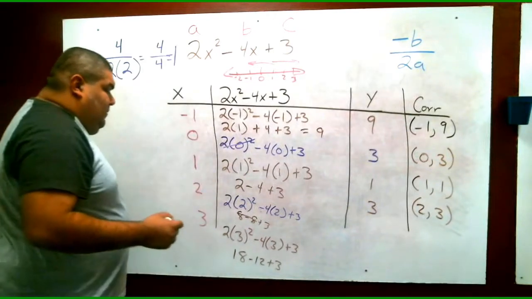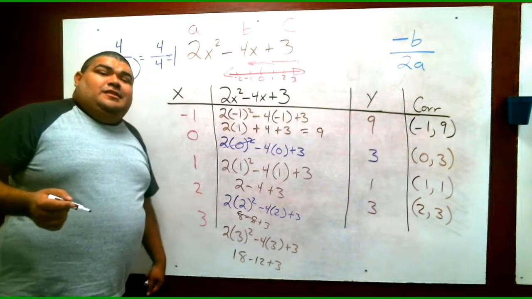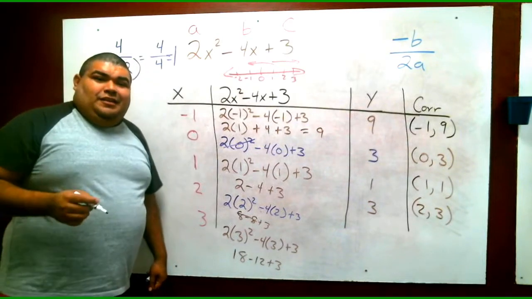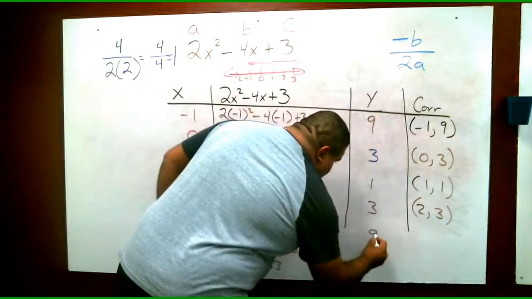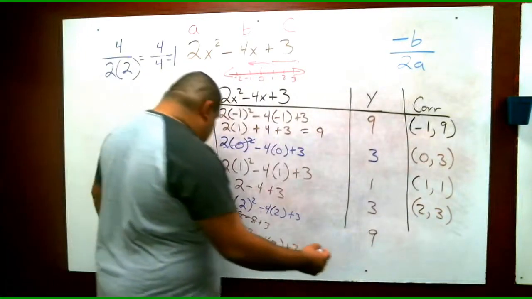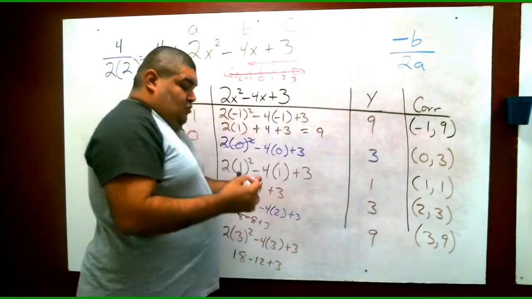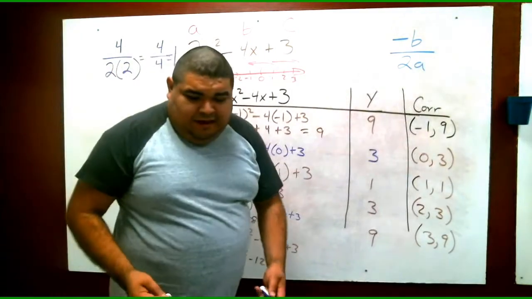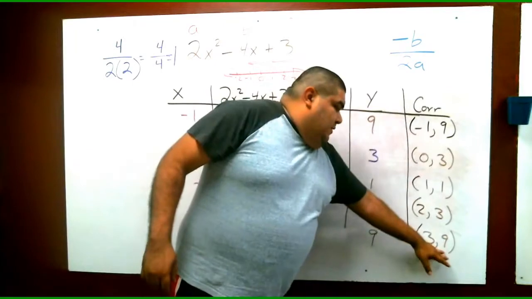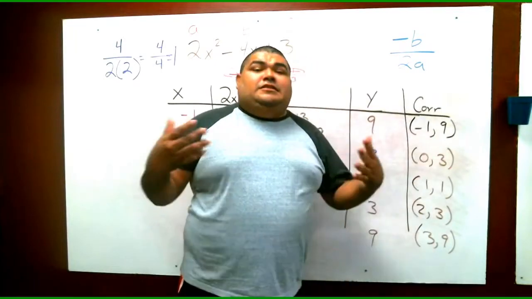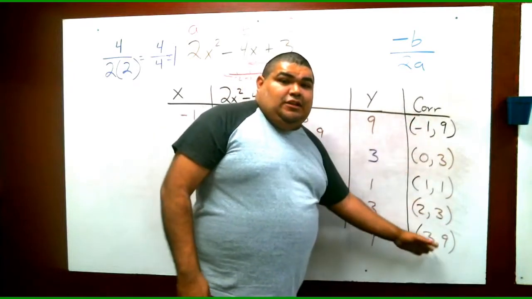So 18 minus 12 is 6, right? 6 plus 3 is 9. So like I said, notice that now we have 3, comma, 9. Notice that the y is the same, okay? Now that we have our points, we can actually graph them.